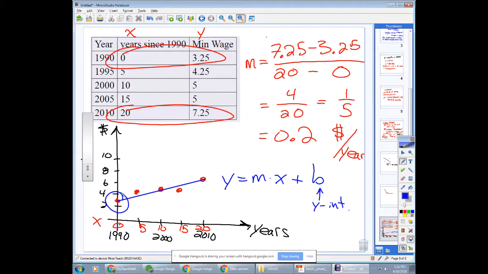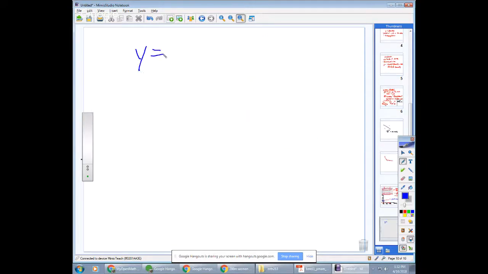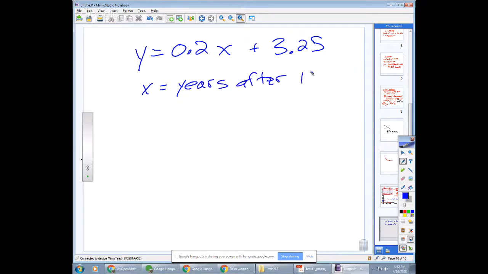Yeah, so we think our model for the minimum wage is y equals 0.2 times x plus 3.25. And just a reminder, x is the years after 1990, and y is the minimum wage in dollars.